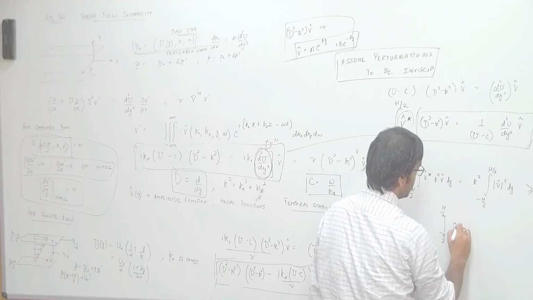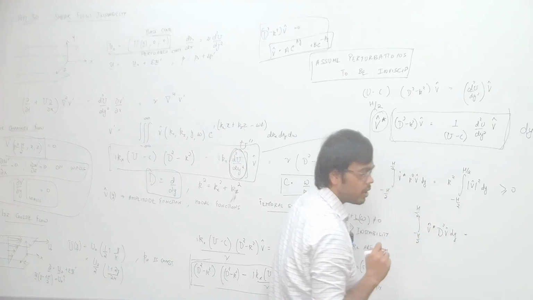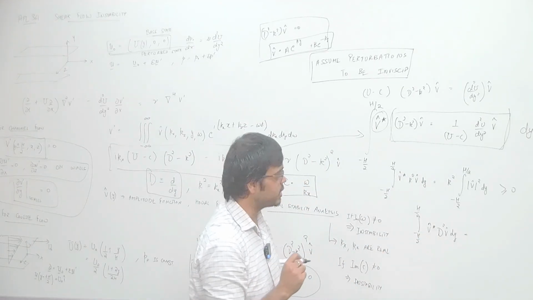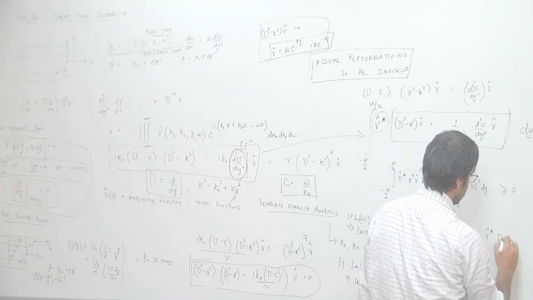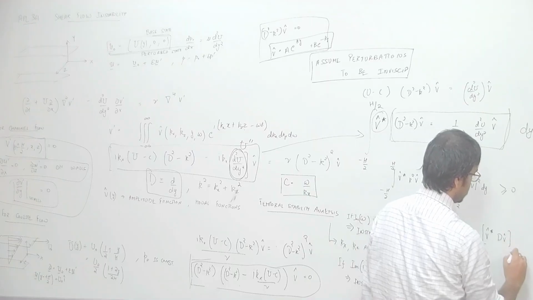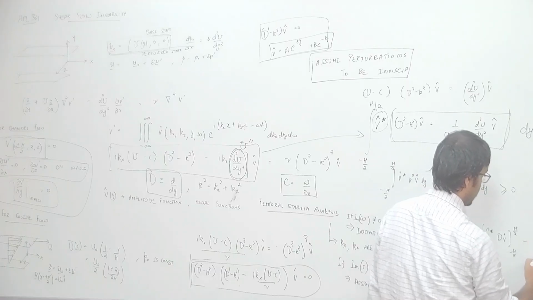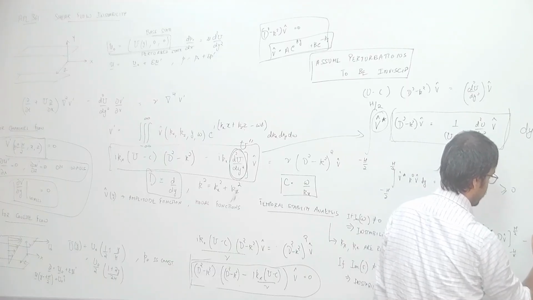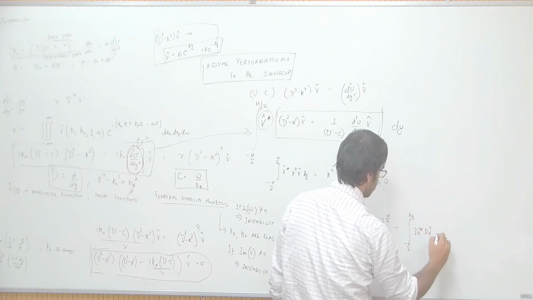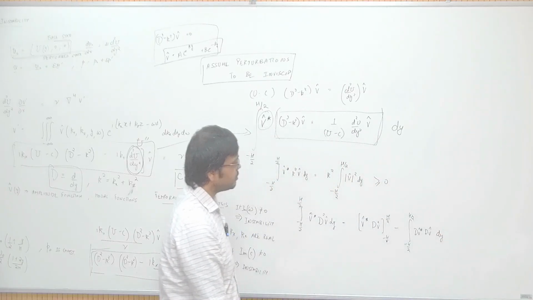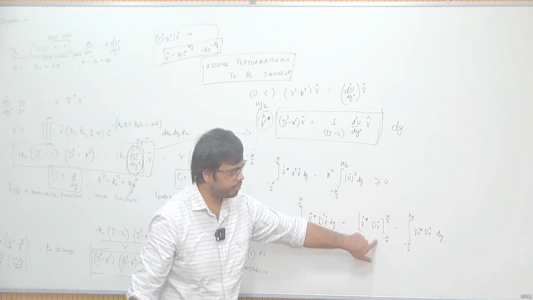So you have v hat star d2 v hat dy. Now here we can do some business of integration by parts. So we can do v hat star dv hat from minus h by 2 to h by 2 minus dv hat star times dv hat dy. What can you say about this term?